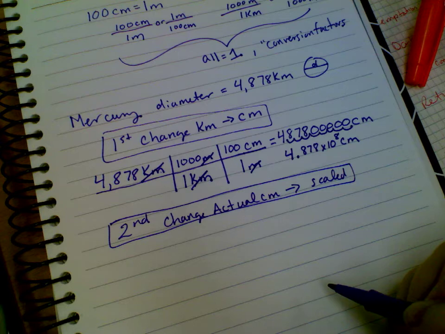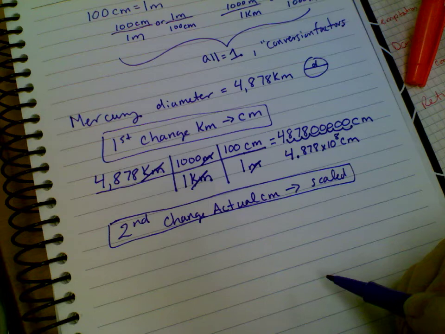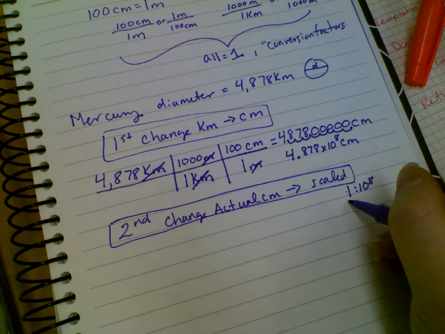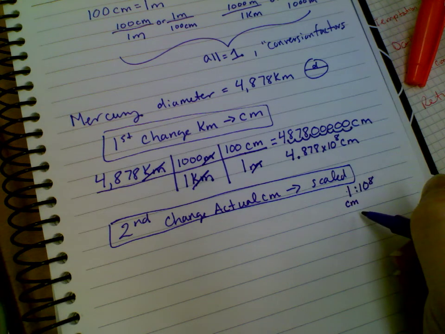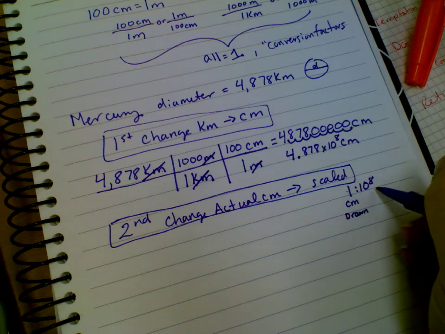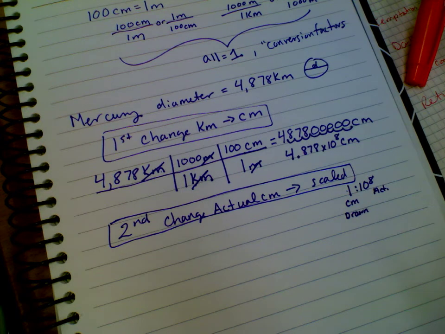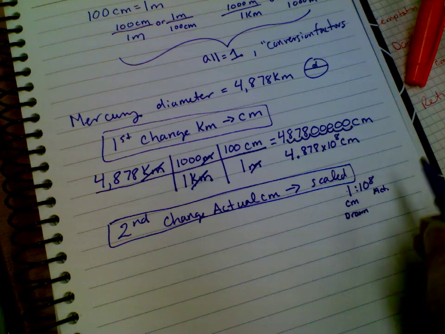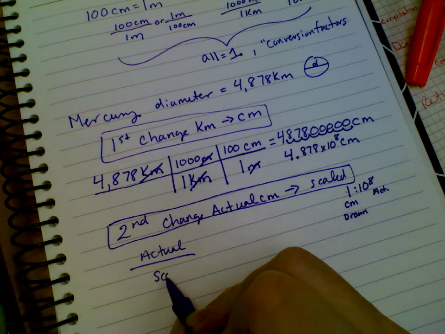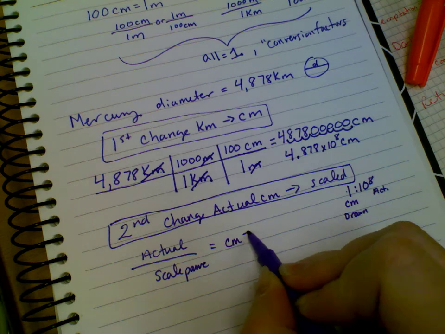And for this case, if I'm just seeing how small can I make it, if I did a scale of 1 to 10 to the 8, for every 1 centimeter that I draw, it's really 10 to the 8 actual centimeters. So to find out what I'm going to draw, I would just need to take my actual and divide it by my scale power to get the centimeters I draw.